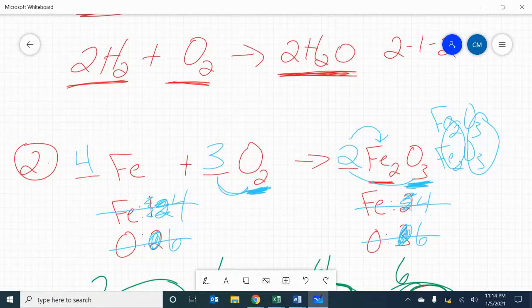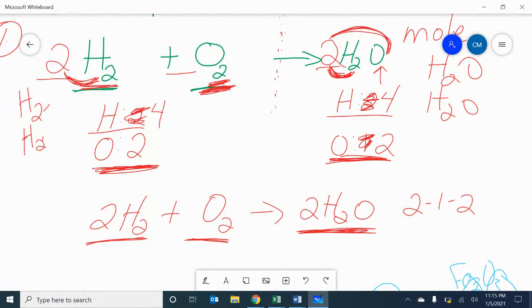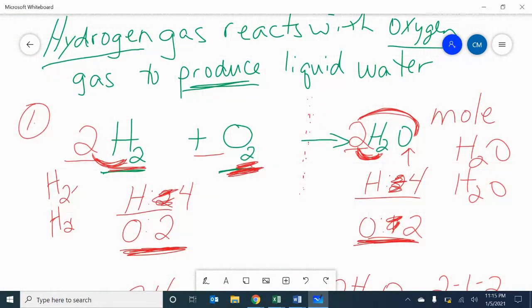Number 2, smaller equation. We went one direction and we didn't have to erase anything, but we started with iron and found out putting a 2 over here on the left wasn't going to do it because our oxygens needed to be bumped up. Okay, that happens. This one was a classic. We just pick one and see what happens. Okay, so there's your balancing equations.